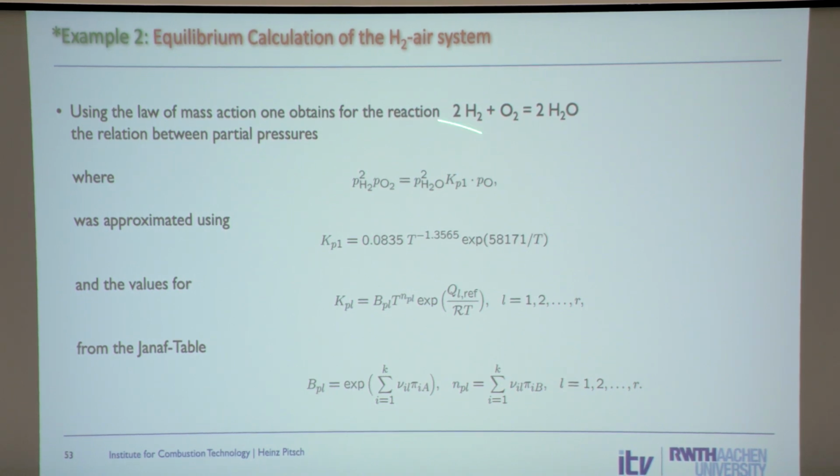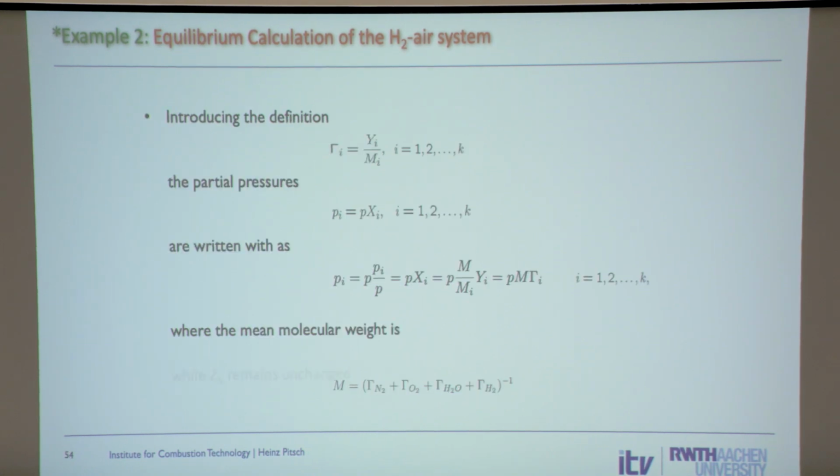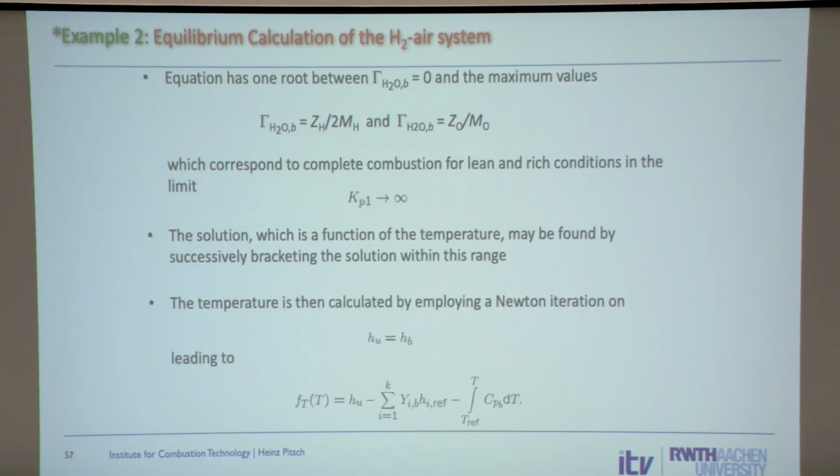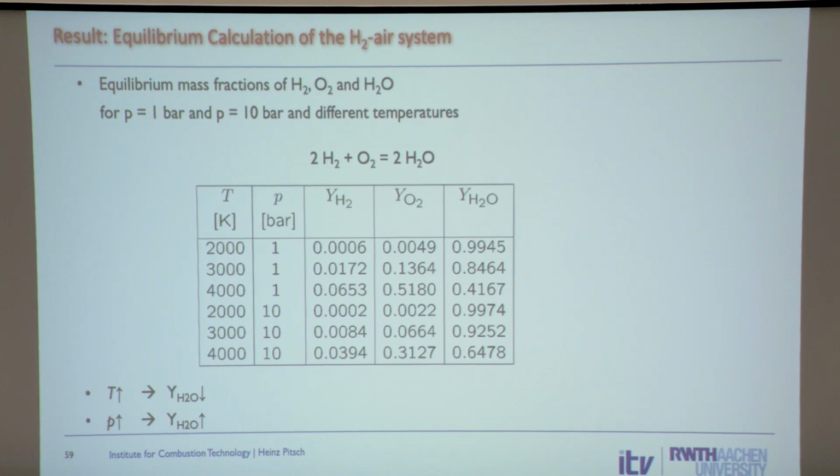And one has to invoke a few more conditions to determine the equilibrium composition, which, like we did in the past, goes through the element mass fractions. Elements are conserved, and then you look at what you have before and after and so on. So this example is a little more complicated, and we just want to look at the result here.